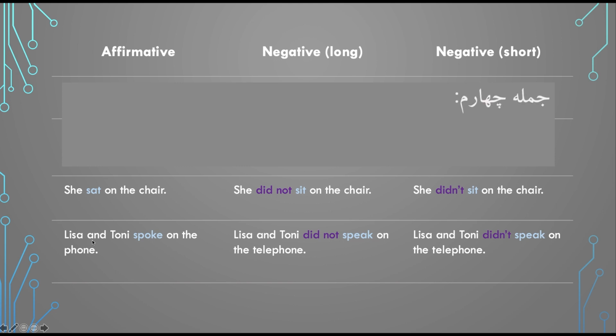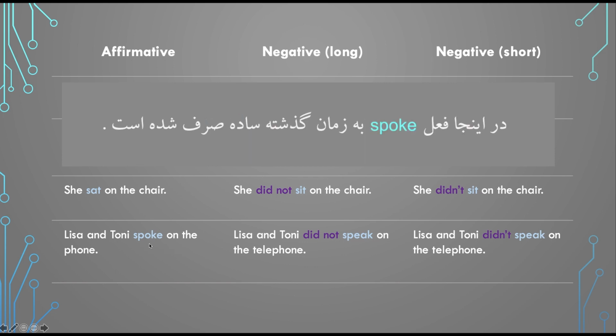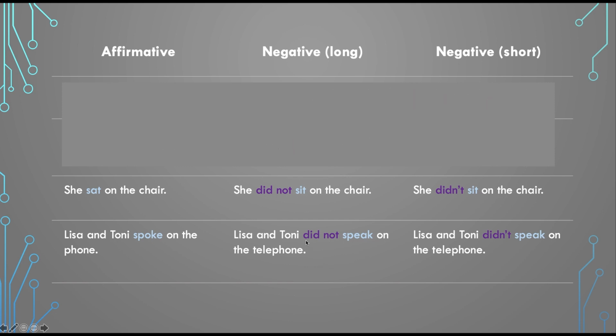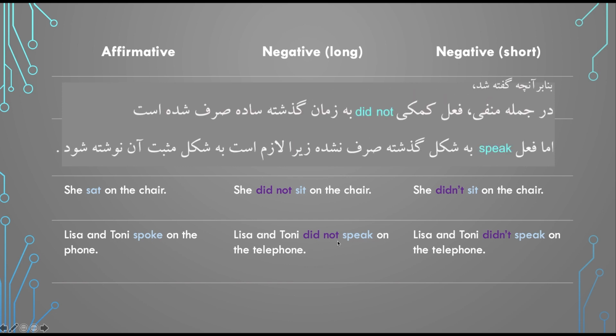And sentence number 4, Lisa and Tony spoke on the phone. So spoke is the past simple. In the negative, Lisa and Tony did not speak on the telephone. So did not is past simple, but this verb here, speak, this is not past simple form.